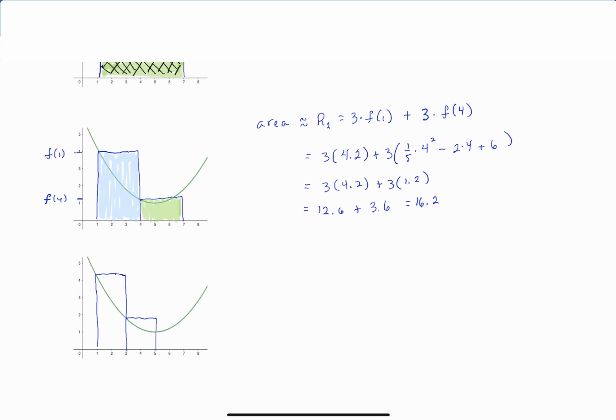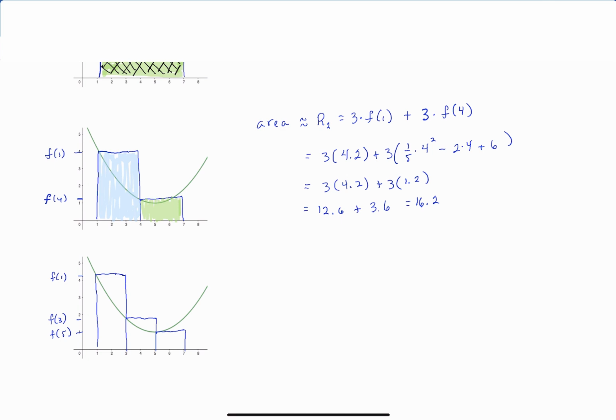And then where I left off with that rectangle, I go to the function height, go across to 7. So the heights of our rectangles are f of 1, f of 3, and f of 5.